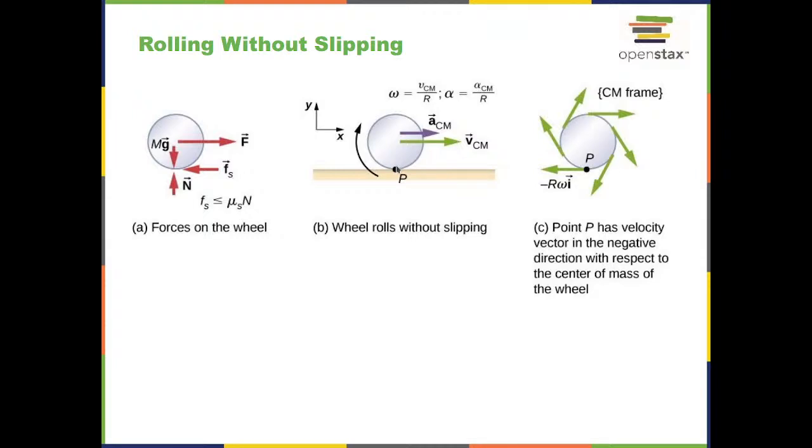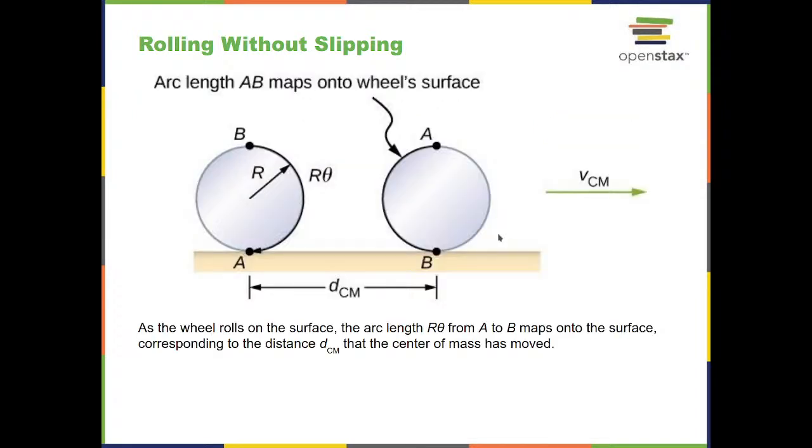And that velocity of point P, when there's no slipping, has to be equal to 0. Incidentally, this is the same derivation I did earlier, starting from arc length, going to distance traveled, or going to the length of the string in the case of the pulley problem. So that might be a useful slide as well.